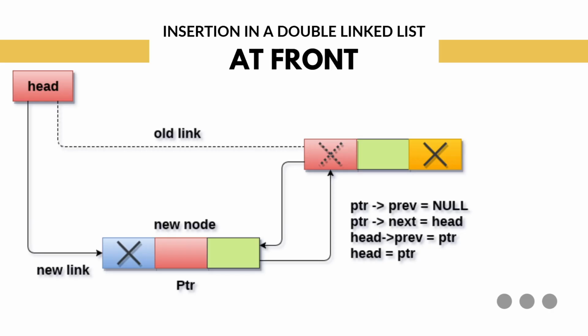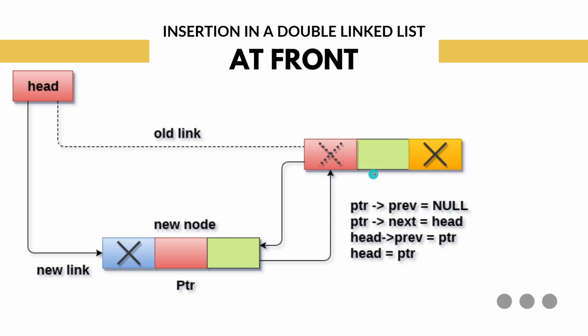Now, we are going to study how to do insertion in a double linked list. So, similar to a single linked list, in a double linked list also we can do insertion at all the 3 positions. So, we know already what a double linked list is. In a double linked list, every node will have 2 pointers, one to the node following it and one to the node preceding it.